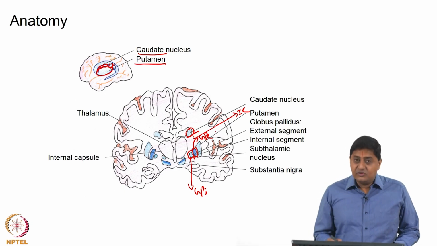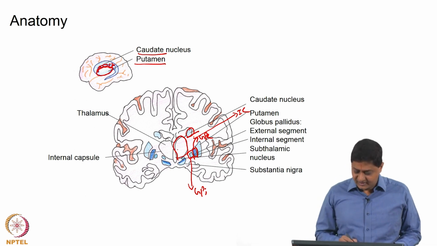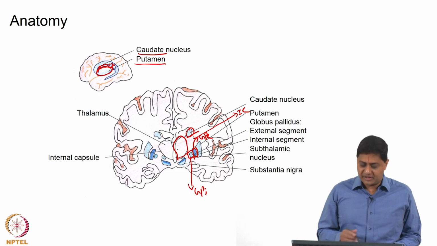Of course, the most medial among them is the thalamus, which is not exactly part of the basal ganglia, but conducts output from the basal ganglia to the cortex through thalamocortical loops.